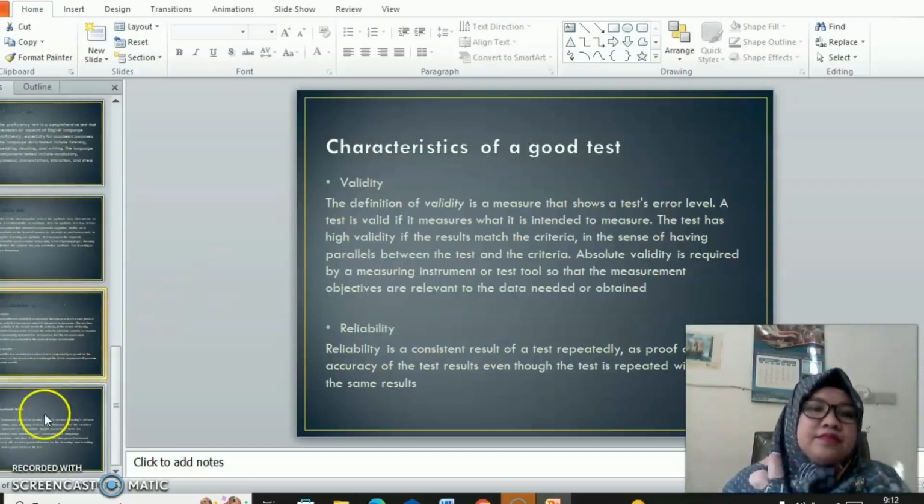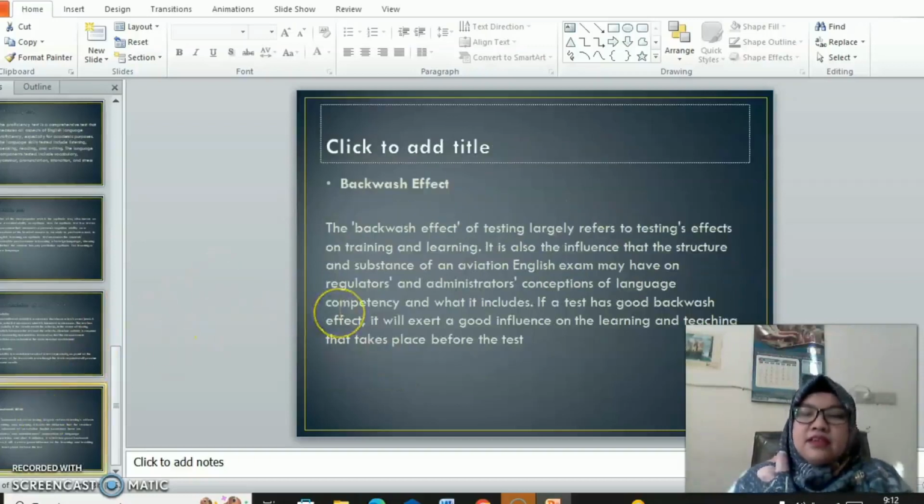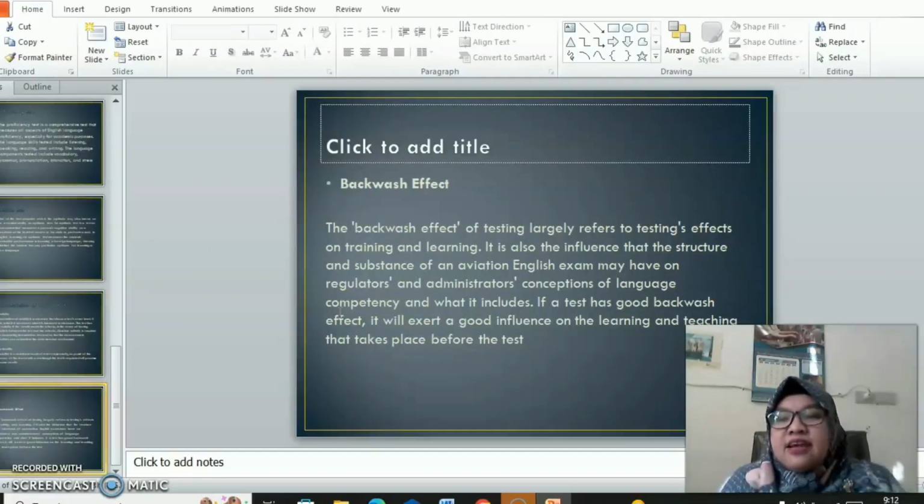And the last characteristic of a good test is backwash effect. The backwash effect of testing largely refers to testing's effects on training and learning.